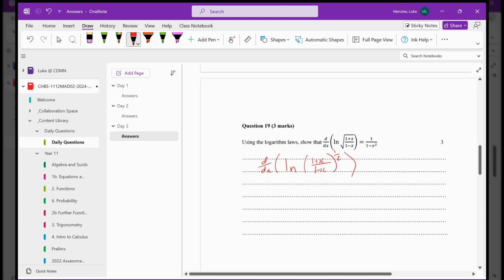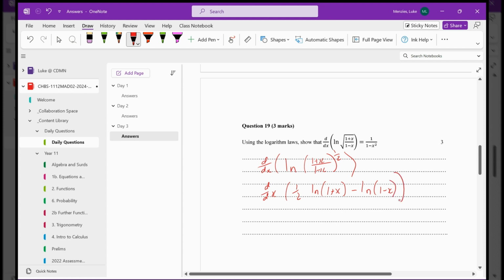Now using the log laws, I'm going to use d of dx. I'm going to say a half. The third log law, and I'm going to break this up. Division means minus, so I'm going to say ln of 1 plus x minus ln of 1 minus x.